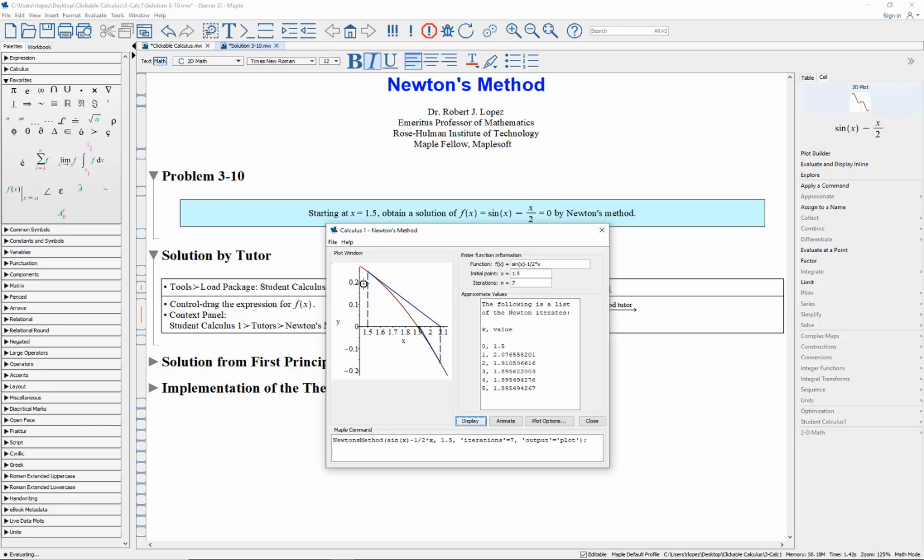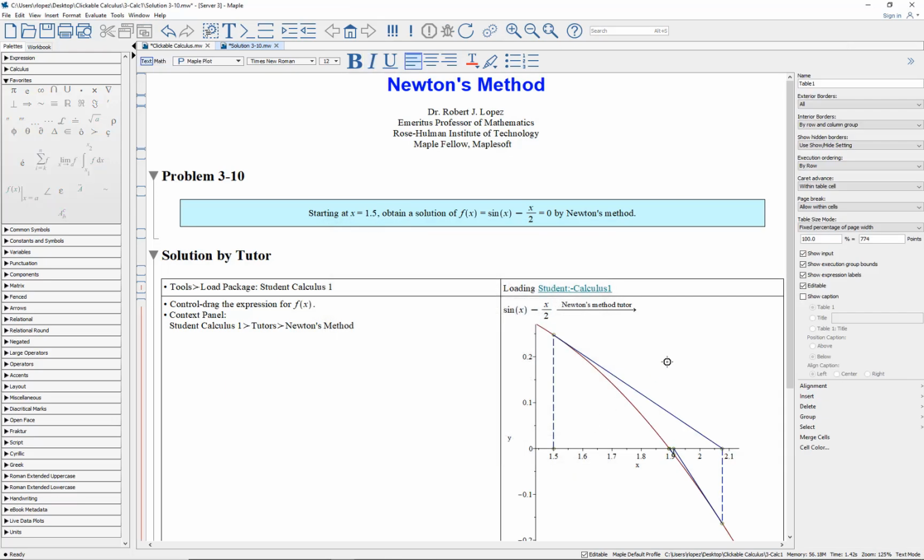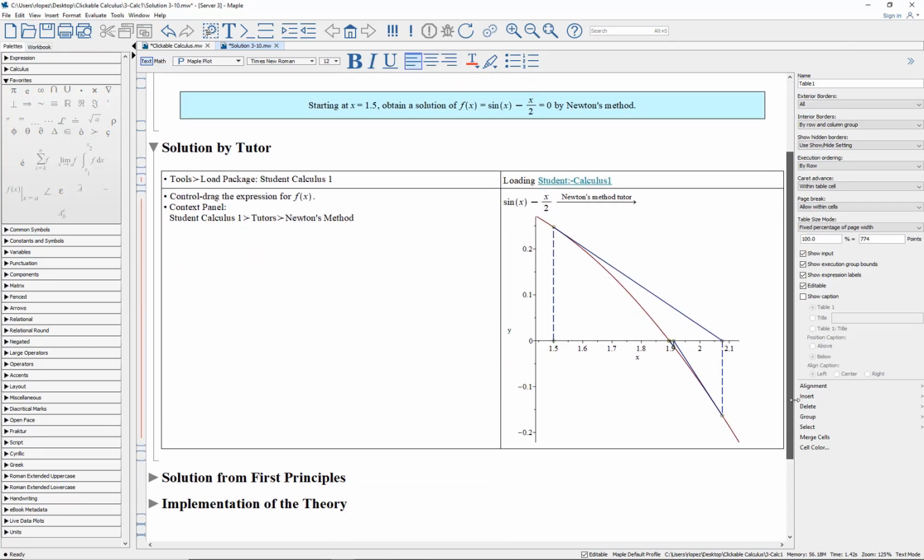What Maple is trying to draw here are the tangent lines that determine the iterates. And down here what you see is Newton's method as a command. So there is a command that you can use to apply Newton's method. I guess if we click close, you will get that graph written.